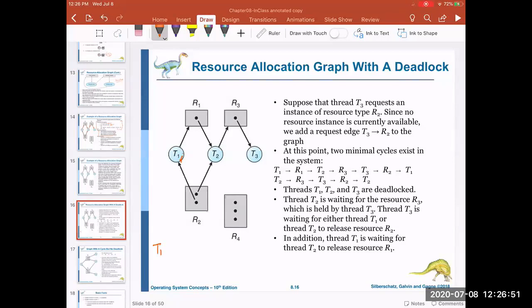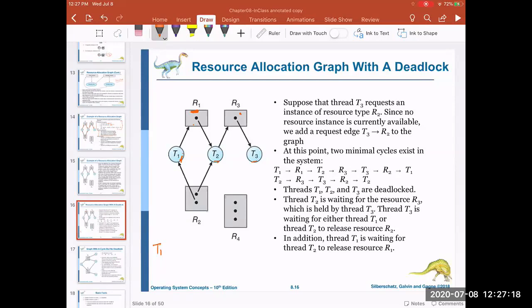T1 is waiting for R1 to get freed, and R1 is allocated to T2. T2 is waiting for R3 to get freed, and R3 is allocated to T3. So this is not a cycle. There is no cycle here.